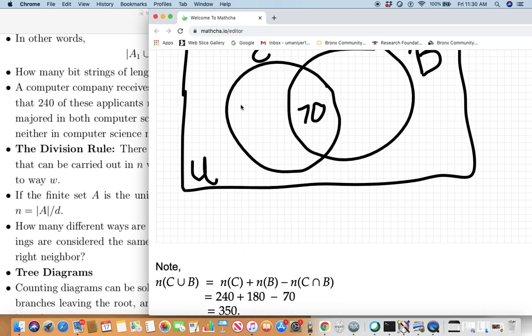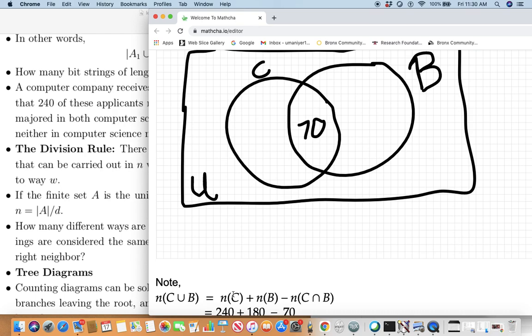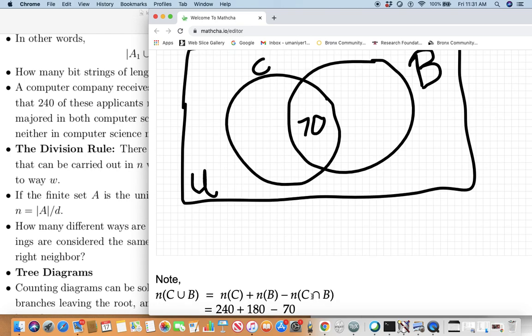The number of students in C or B is the number of students in C plus the number of students in B minus the number of students in C intersection B. So don't forget, you want to subtract the intersection once. The reason is C consists of the intersection, so does B. In other words, you are counting this twice. That's why you are removing one count of the intersection.